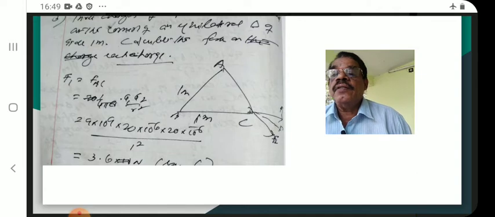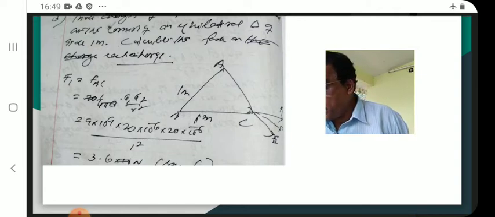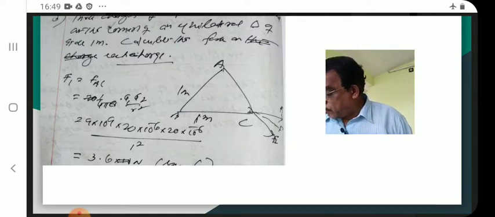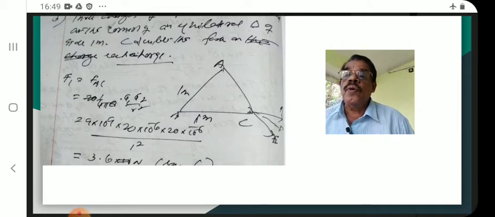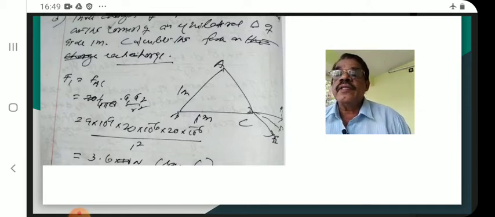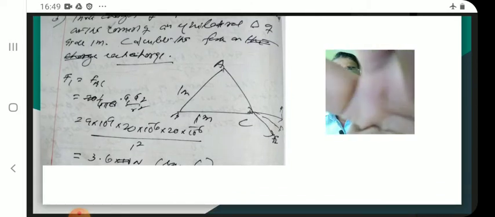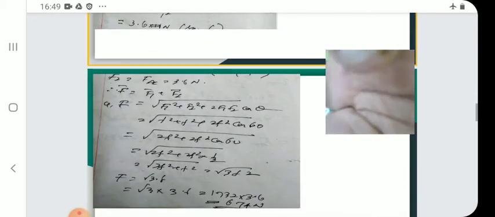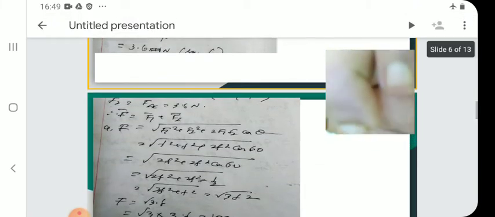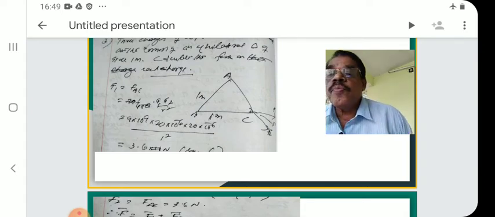Distance is 1 meter and the charge is in microcoulomb, so we have to convert it into coulomb. 10 raised to minus 6 is the multiplication factor. The answer is F1 equals 3.6 Newton.